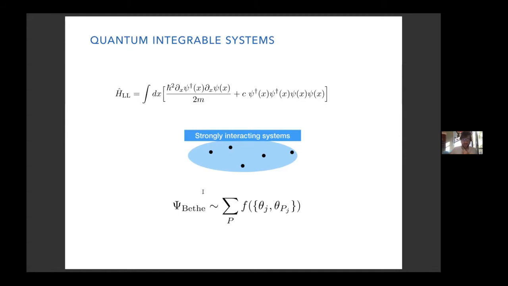This model was solved for the first time in the 60s, and it's a model for a bosonic many-body system interacting with point contact repulsion or also attraction, doesn't matter, where c is the coupling between the atoms. And this is just one example. There are many quantum integrable systems.